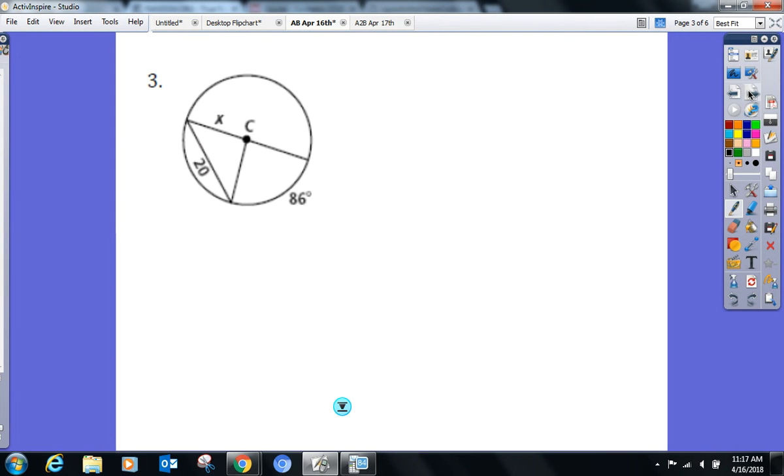Okay, see what you and your group can fill in from here now. Now I've got to find the radius length. See what you and your group can fill in right now.